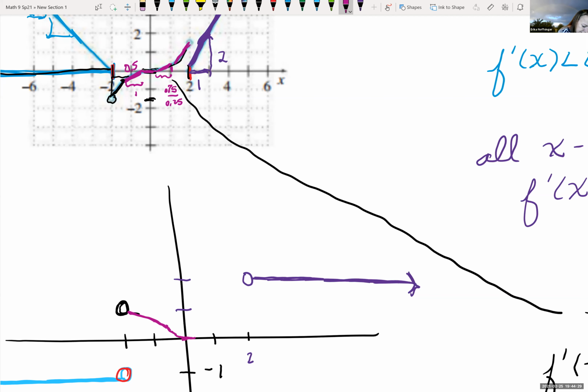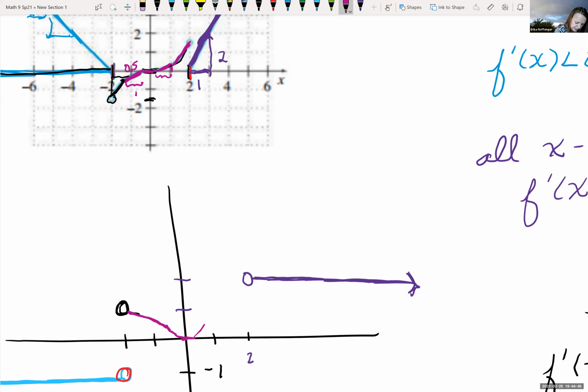What about this? To me, 3 seems too big. So if we run over 1, that's 0.25. It's more like it. But anyways, we're coming up, and let's see what's happening right here at this value. If we look at the slope here, let's see what that slope would be if that existed. If I run over 1, I'm going up about 1.5.